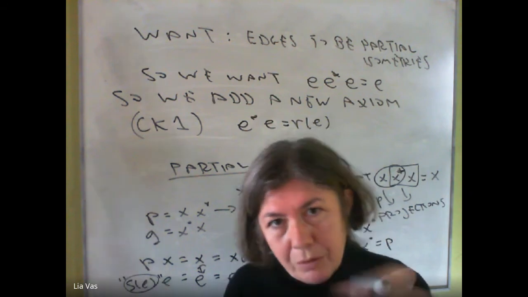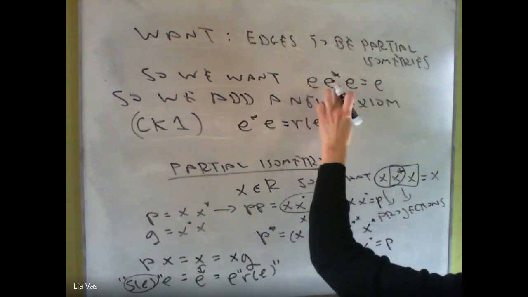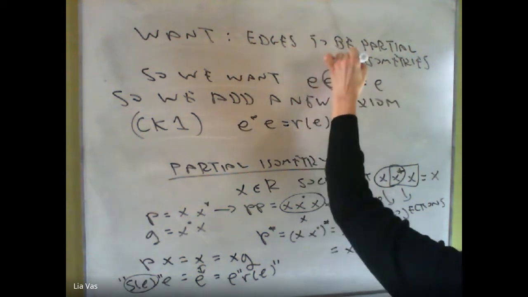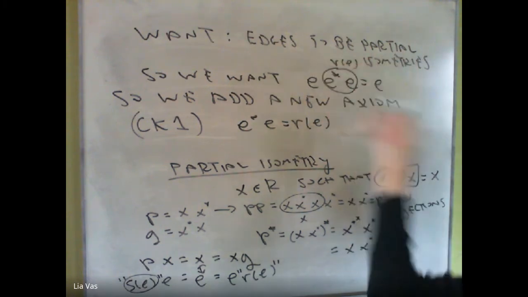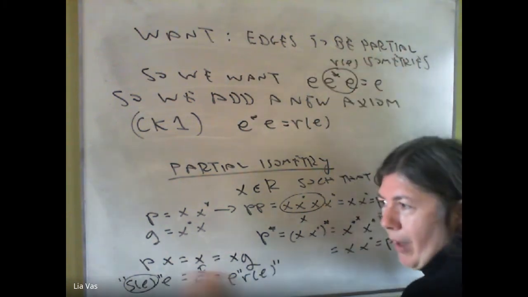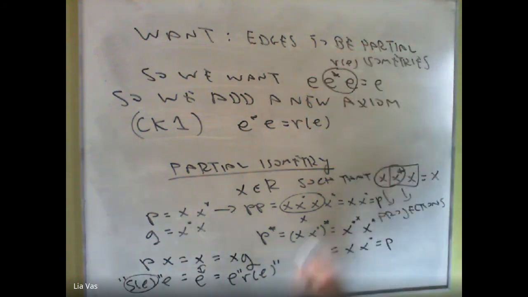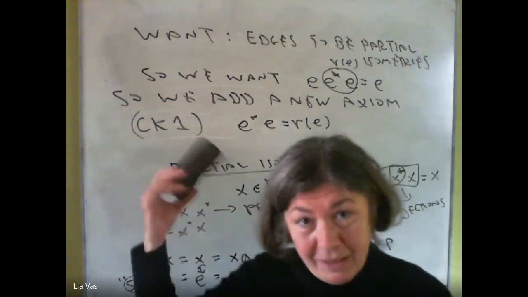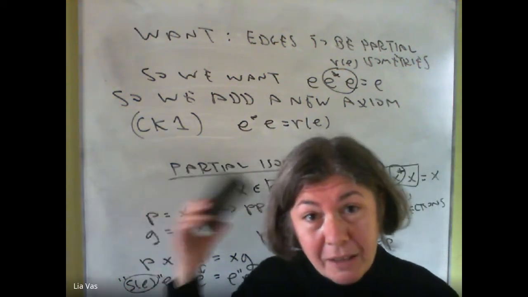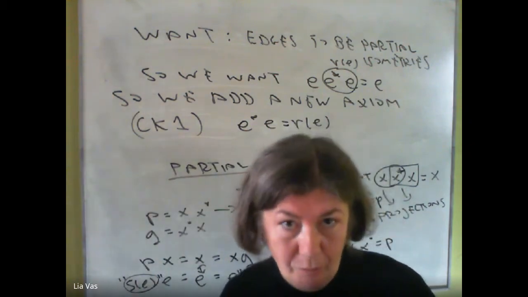So right now, try to scribble on a piece of paper why, if this is range of E, this gives me that this product is going to be E. And keep in mind the axioms that are already available to us. So you look, E times R of E, so that will indeed give me E. So that's why we add this axiom, because that thing alone is going to give me that edges are partial isometries.